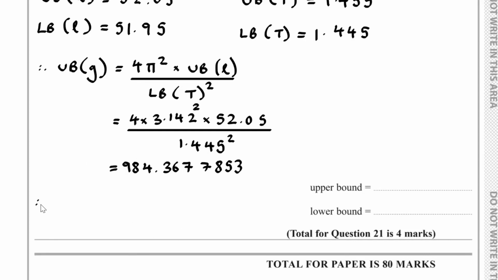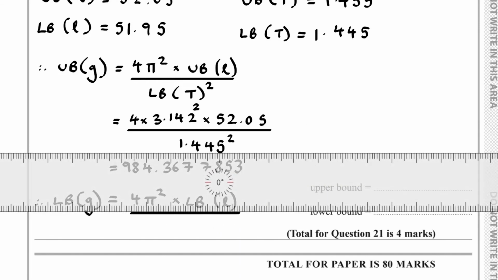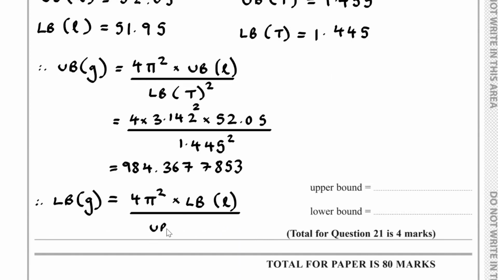And if I do the same thing for the lower bound of G, I've got 4 pi squared times the lower bound of L divided by the upper bound of t squared.